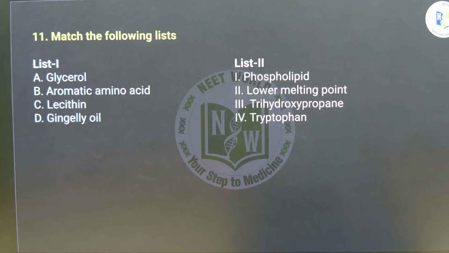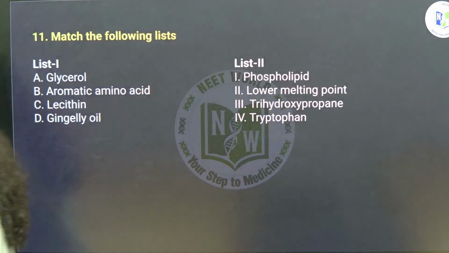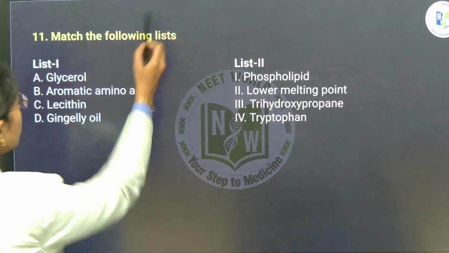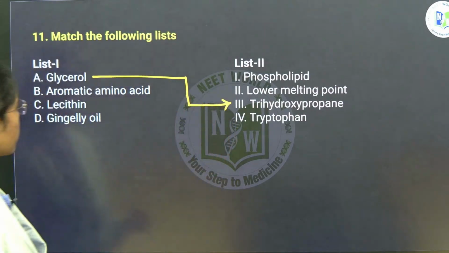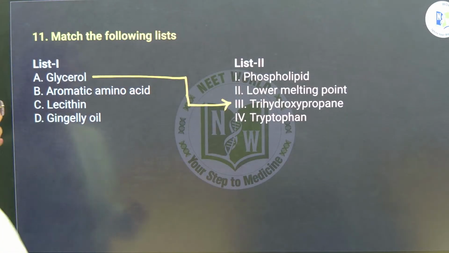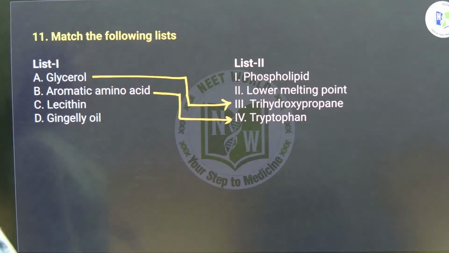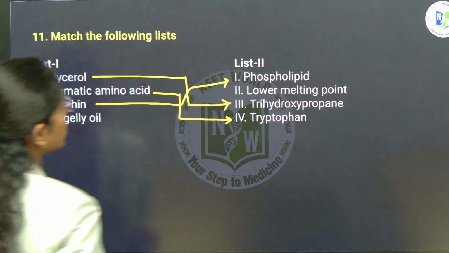Again a match the following type of question, try to answer. Here options are not provided, directly you answer. First, glycerol, whose IUPAC name is what? Trihydroxypropane. Aromatic amino acid, tryptophan. Lecithin is a phospholipid. See, lecithin has been asked 2 times.